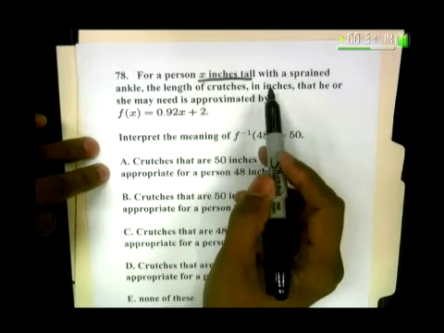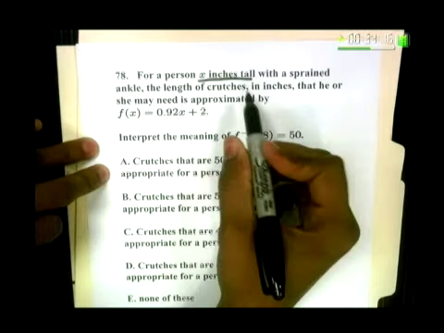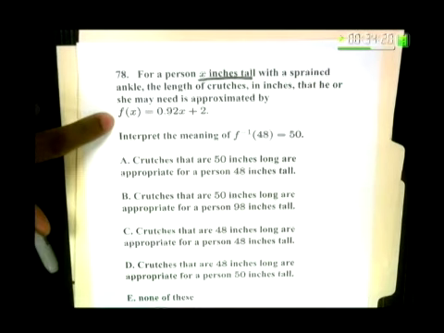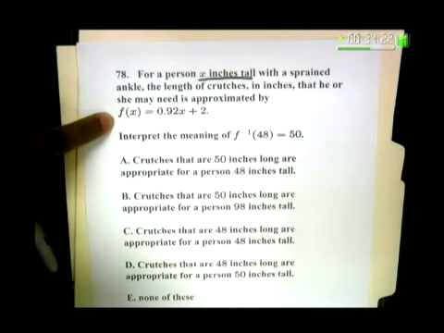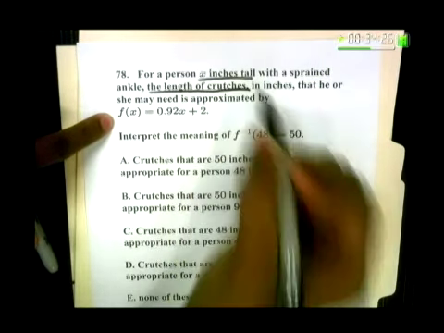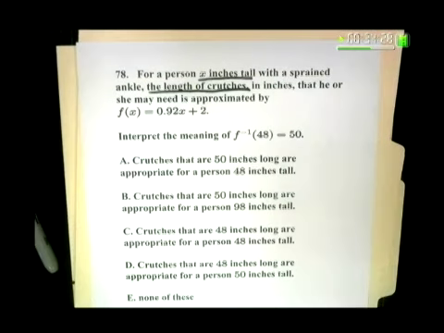For a person x inches tall with a sprained ankle, the length of the crutches in inches that he or she may need is approximated by this function. So x is how tall, and the y value, or f of x, is the length of the crutches. So on the inverse, what is the x going to be?